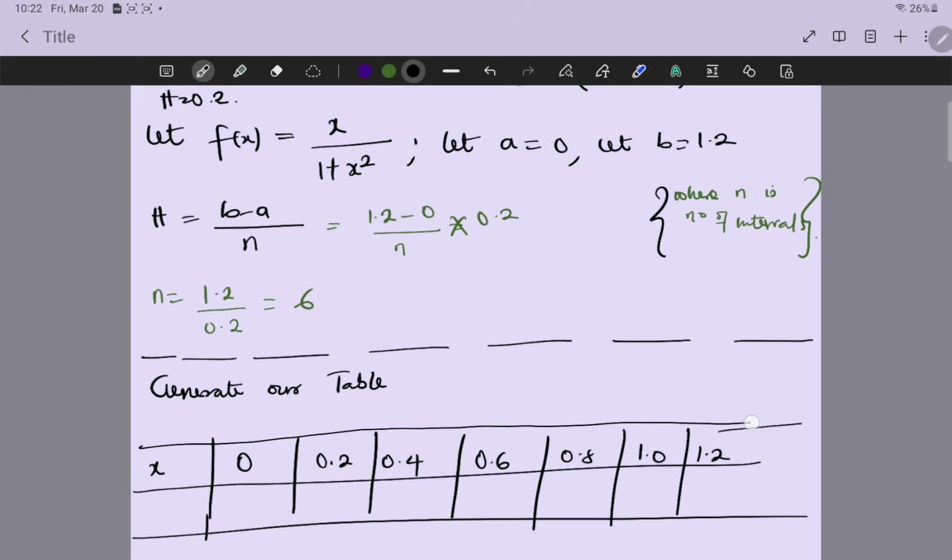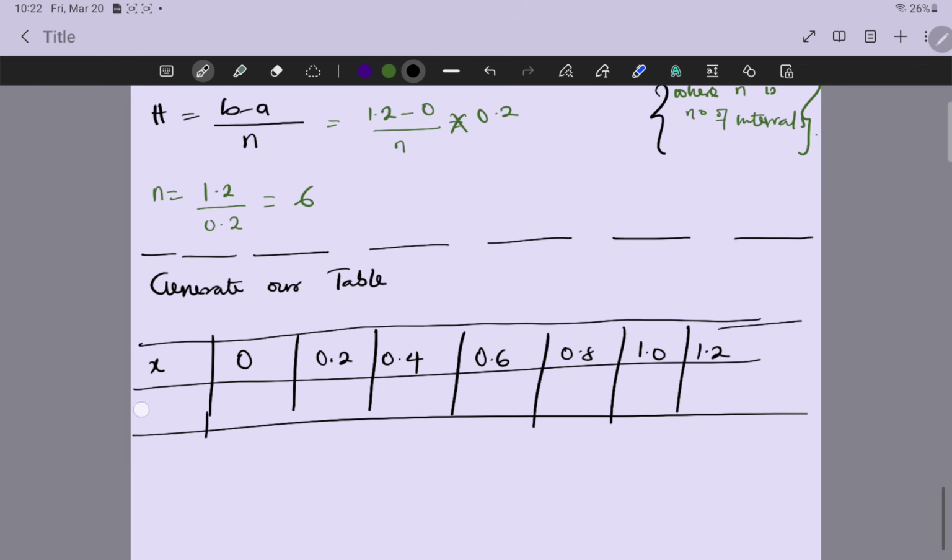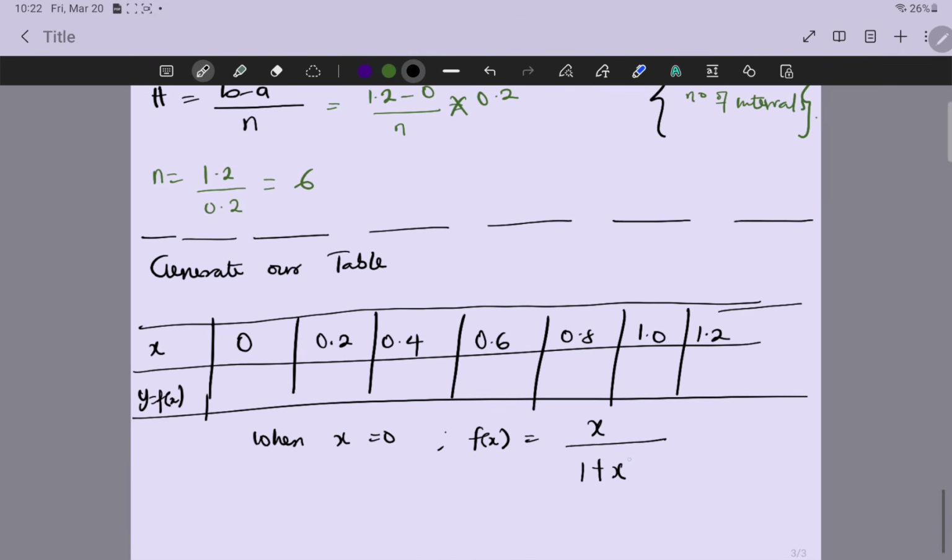All right, so now our y, which is equal to f of x. When x is equal to 0, then our f of x, which is the same thing as y, is equal to x over 1 plus x squared. So what we are simply saying is 0 over 1 plus 0 squared, 0 over 1, which is 0. So this place is 0.00.